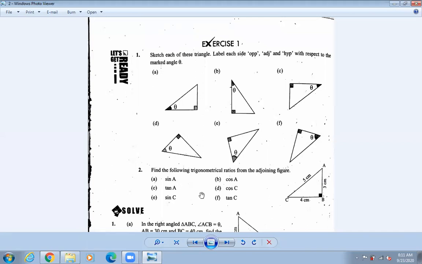If A is the reference angle, in each question make the figure and write down the value of P, B, H also. Here A is the reference angle. Here, what is the reference angle? C is the reference angle. So in question number 1, you need to find out which one is opposite, which one is adjacent, which one is hypotenuse, and then find out the value.